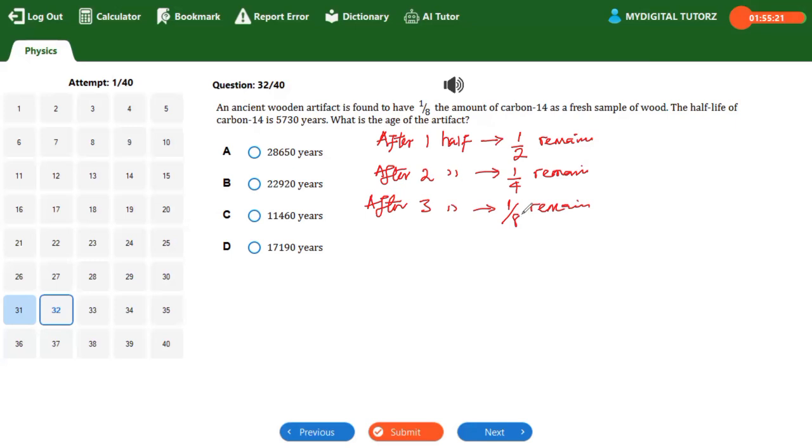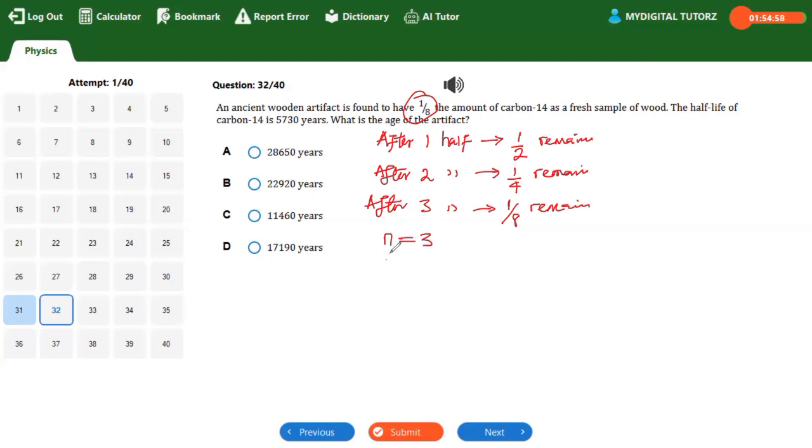Since we have gotten 1/8, which was given to us in the question, it shows that the number of half-lives we have, n, is equal to 3. Is that understood?